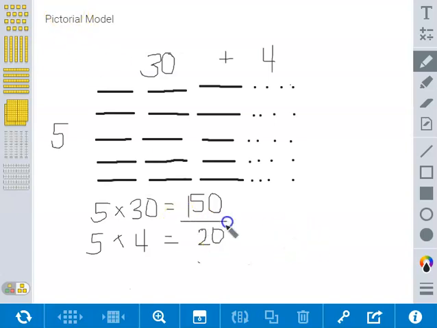Next, we are going to take our 2 products and add them together to find out how many blocks we have in total. So we have 150, which we have from 5 times 30, and we are going to add that to 20, which we solved from 5 times 4.